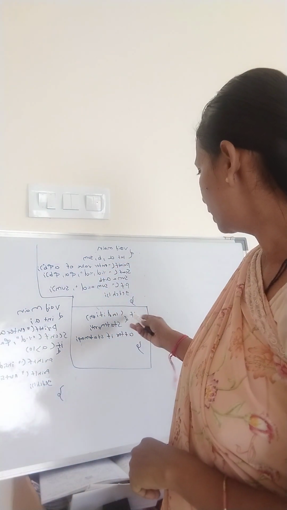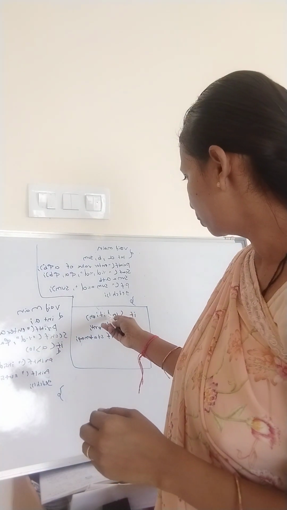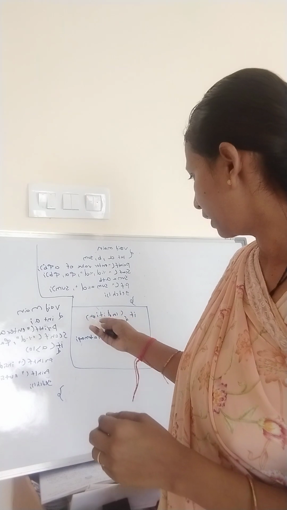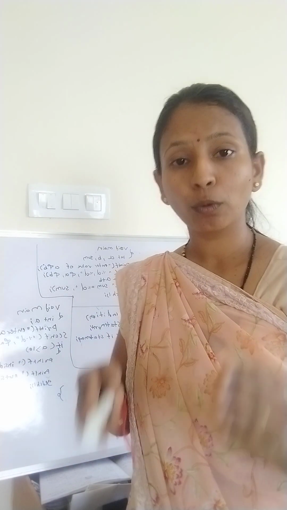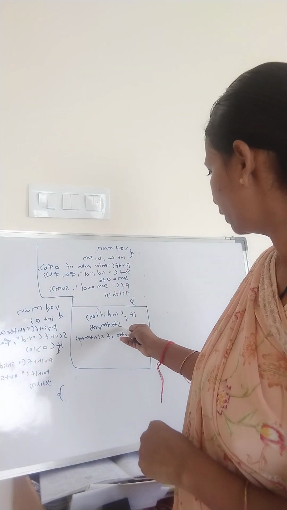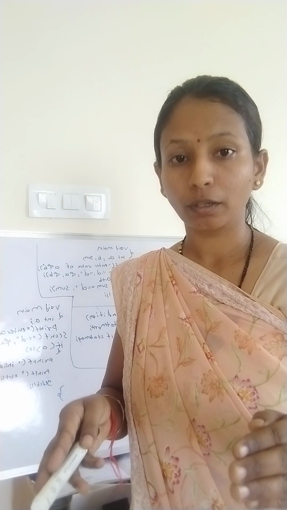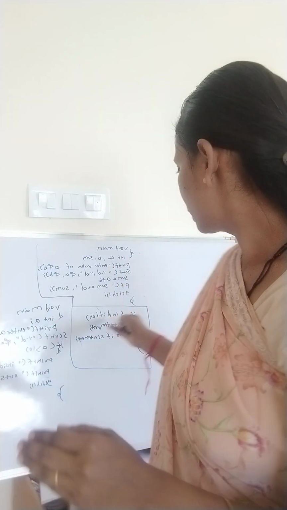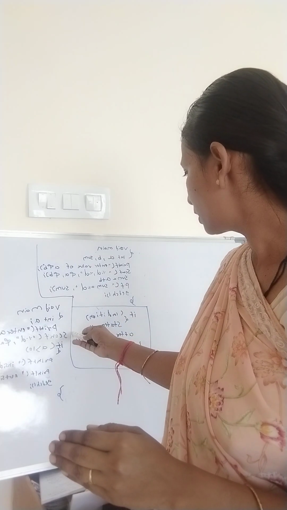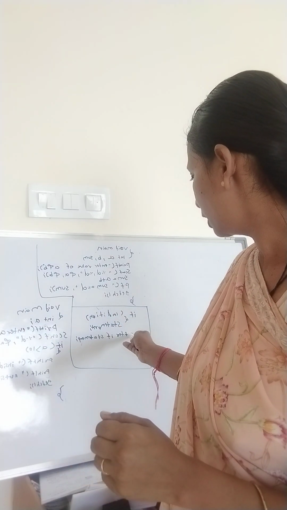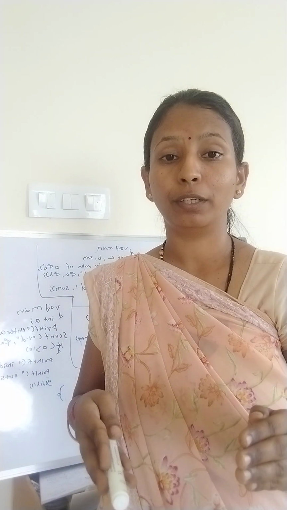Now the scenario is like this: if condition means that condition which we write in this bracket, if that condition becomes true, only and only in that situation the first statement will be printed or executed. If this condition becomes false, then control skips this first statement and executes this second statement. This is about if statement.